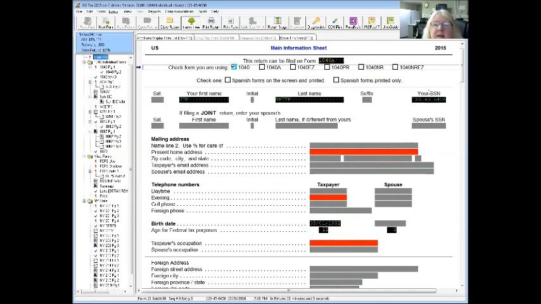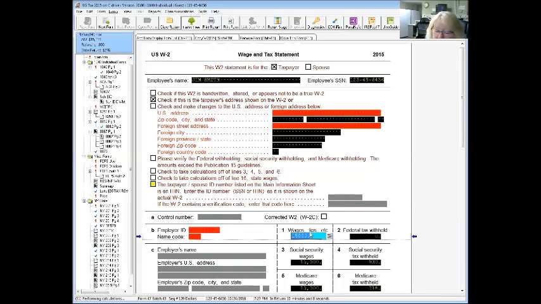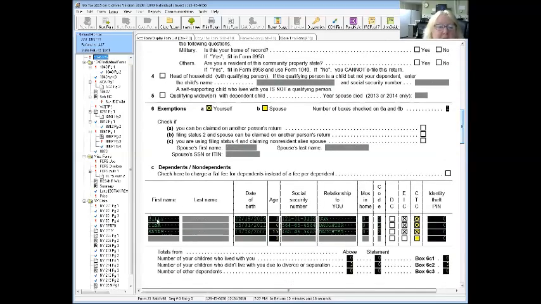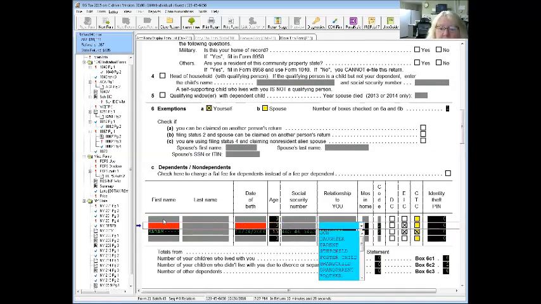Okay, now let's say Jim Smith makes 10,000, and is single, and he has 0 children.